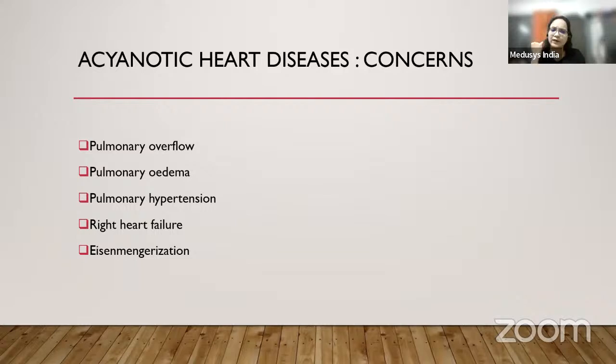So can it be triggered when the patient is under anesthesia? Yeah, any condition that will increase the pulmonary vascular resistance, like hypoxia, hypercarbia, hypothermia, acidosis, can further increase the pulmonary vascular resistance and reverse the shunt. Yes. And any factors which decrease the systemic vascular resistance can also trigger it. Yeah, you are right.